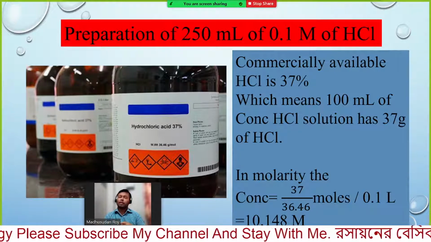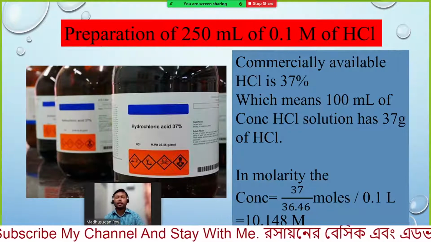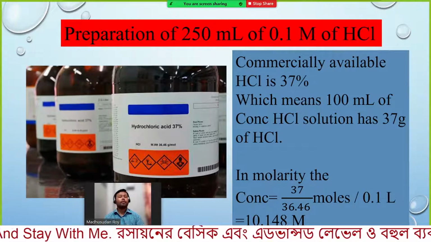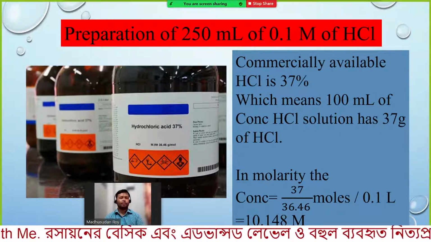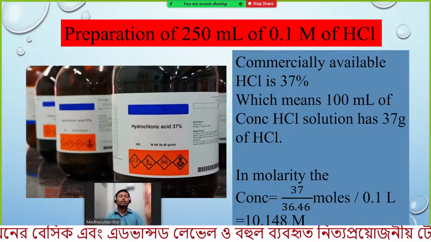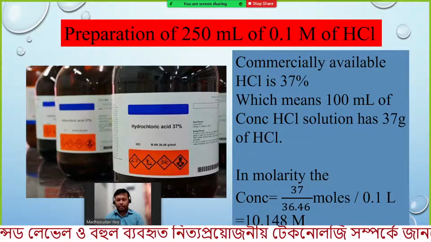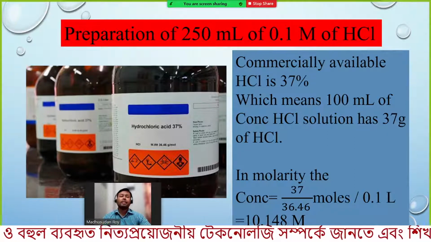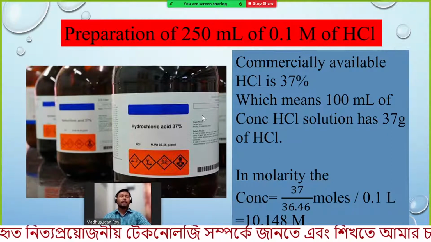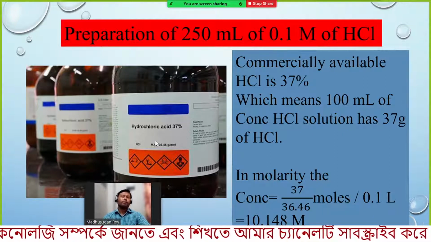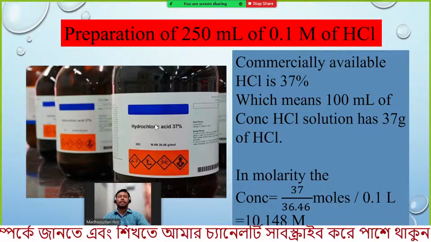All chemicals, if mentioned as concentrated, it doesn't mean all of them have the same concentration. If you consider hydrochloric acid as concentrated, then you will have around 37%. It can be 36 to 38%, but many of them have 37% concentration.